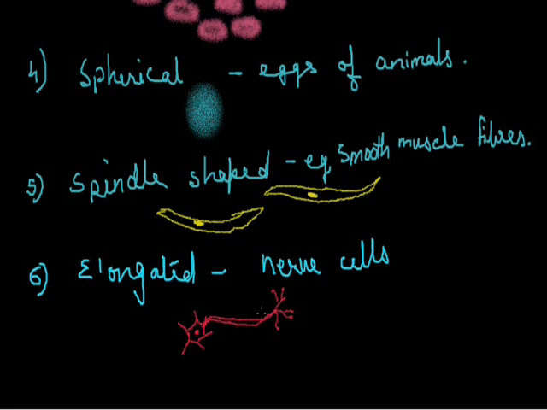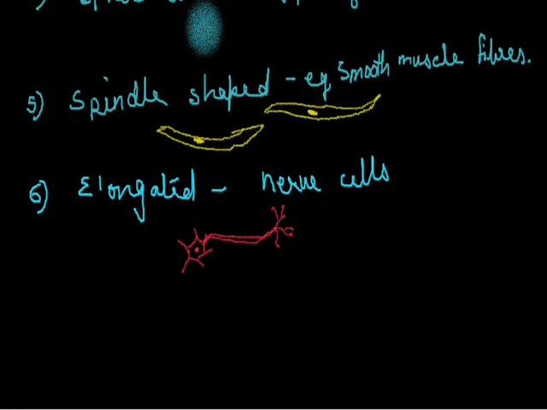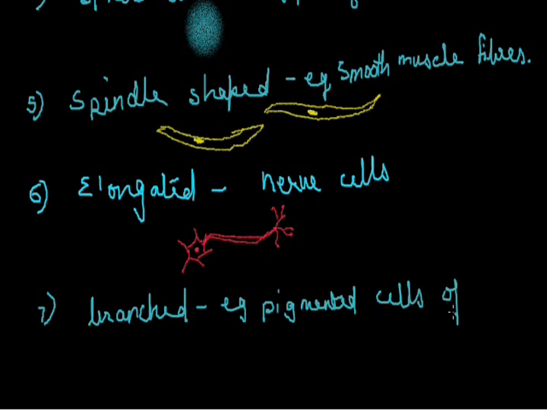So the nerve cells are elongated. The seventh type of the cell shape can be branched. For example, the pigmented cells of the skin. So these were the different cell shapes.